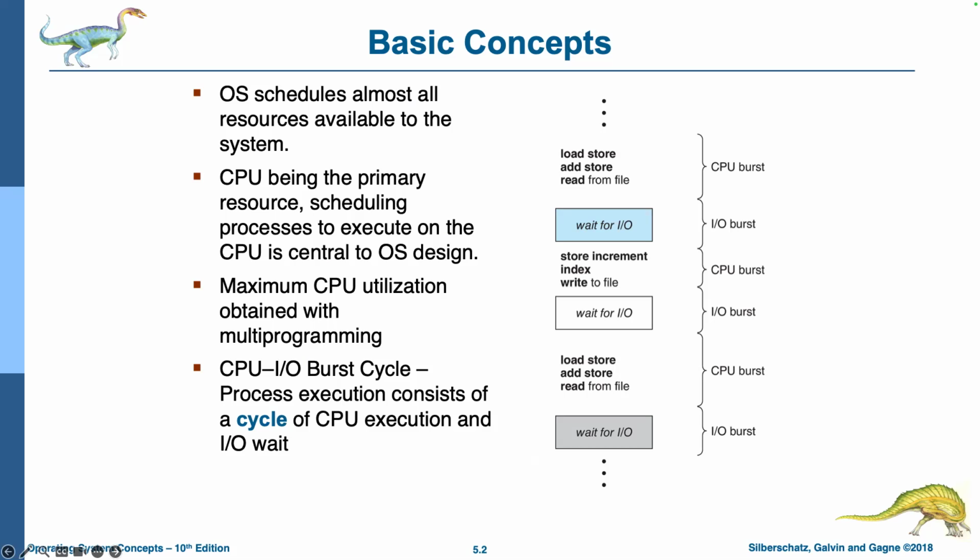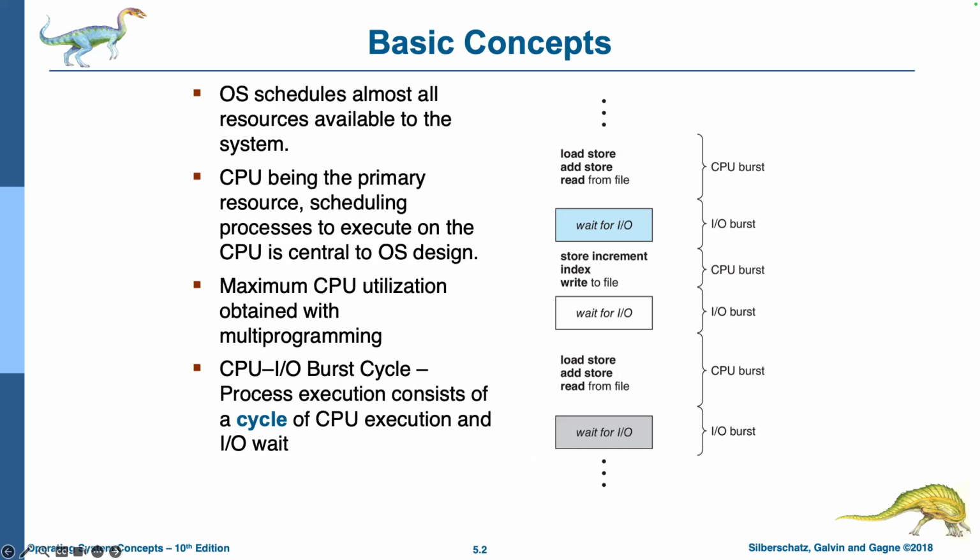How can we fully use the CPU? That's called maximizing the CPU usage. CPU is so fast. Don't let the CPU idle. Let the CPU always keep busy. So CPU burst: loading, store, adding, store, read from the CPU burst. This is I/O burst.